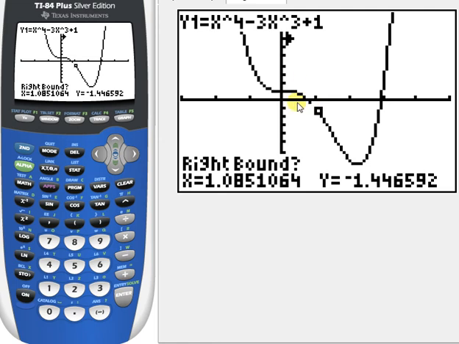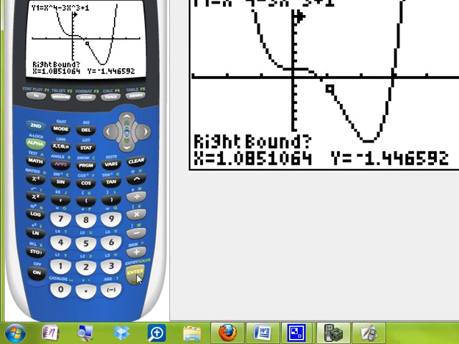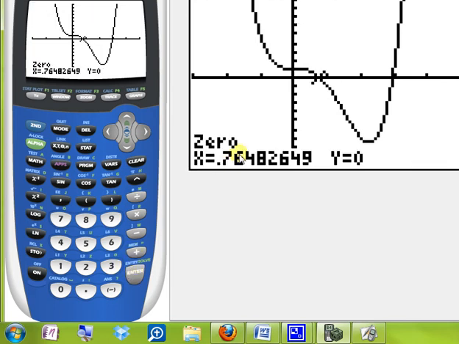You have to crop it off for the graphing calculator to understand what you're looking for. Then it has a guess feature. Let's just skip that and hit enter again. Now you can see that one of your zeros is at 0.76. Let's round that off to the nearest hundredth. So one of your zeros is x equals 0.76.